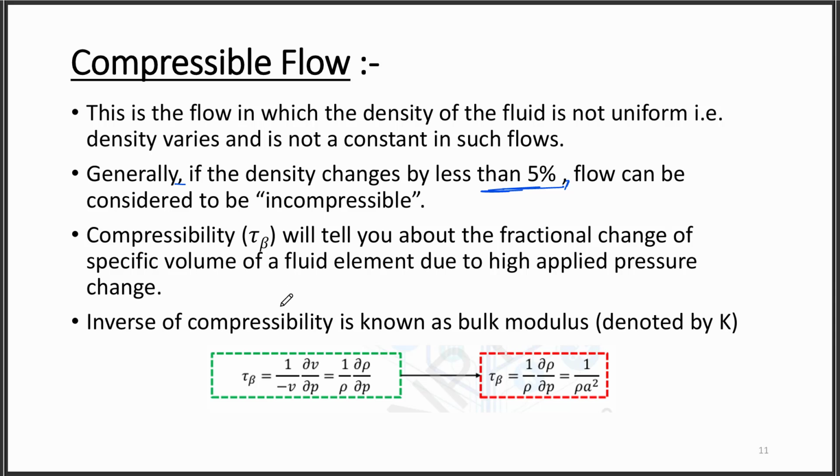So we use one parameter, compressibility, tau or beta, which will tell you about the fractional change of specific volume of the fluid element due to unit applied pressure change. So what is fractional change? Tau equal to minus 1 upon v, dou v upon dou p.